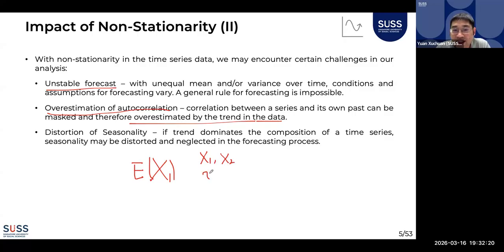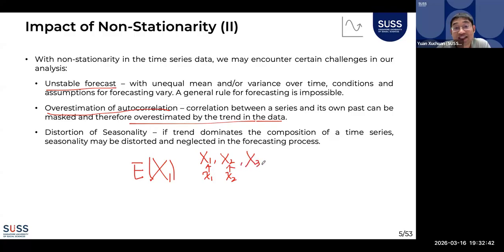You observe one data point from this random variable in your time series. Your time series actually is a sample from a series of random variables.